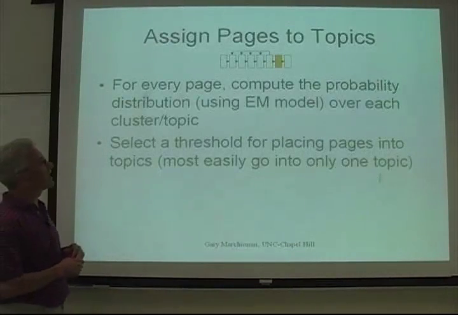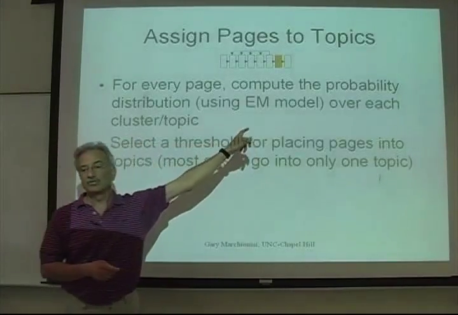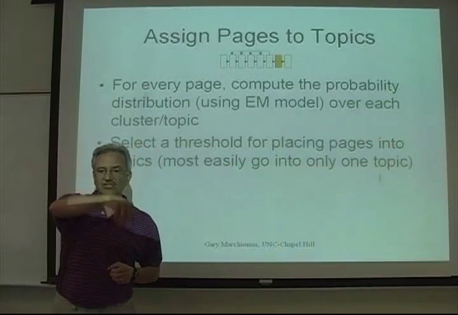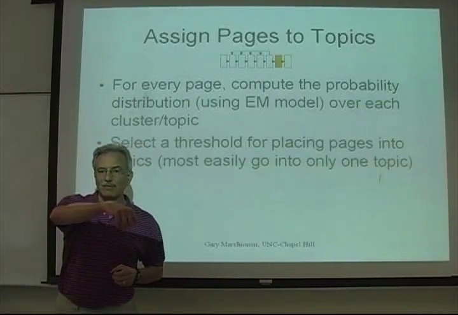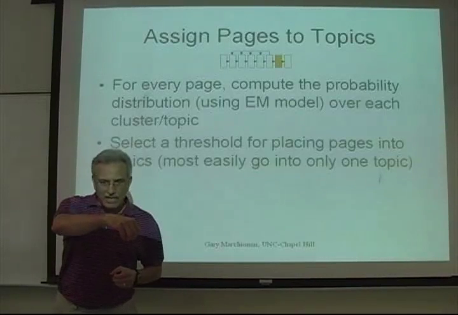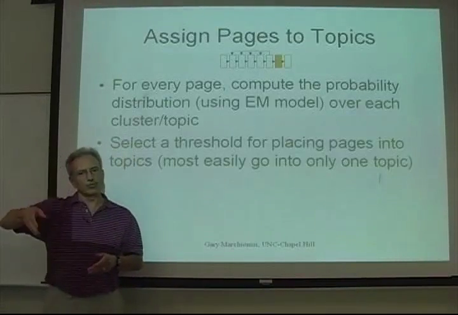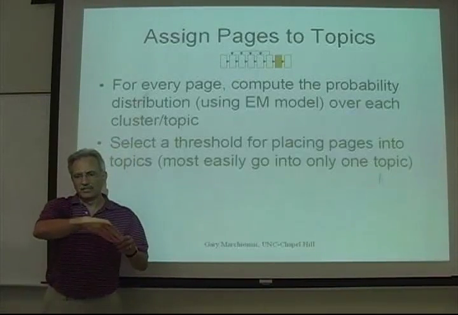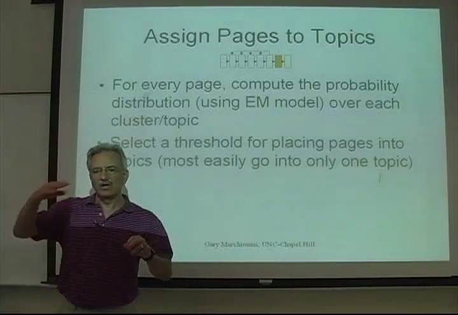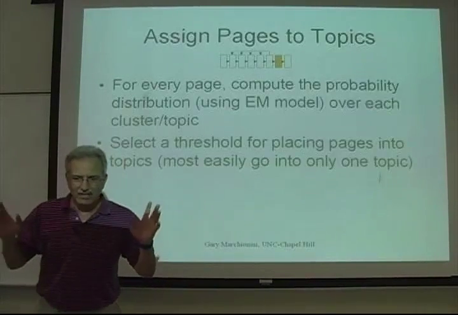Next, we want to assign these pages to topics, and here's where we took advantage of the EM model to say, well, the probability that this document belongs to this cluster that we happen to name prices is 0.8536298, or whatever it happened to be, and that's pretty high. So we're going to put it in prices. The probability that it goes into one of the other clusters is 0.00007333, something like that.